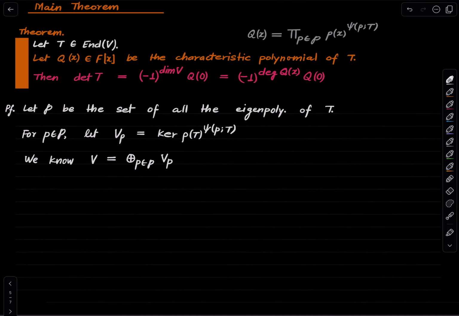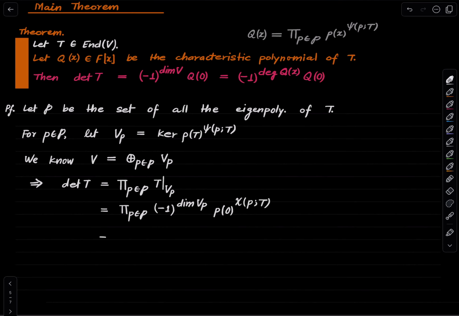V admits this direct sum decomposition, and therefore, since each of the Vp's are T-invariant subspaces, the determinant of T is this product, right? But by the previous proposition, this is minus 1 to the dimension of Vp times p of 0 to the power characteristic exponent, which is minus 1 to the power summation of dimension Vp, and a product over all eigenpolynomials of this quantity.